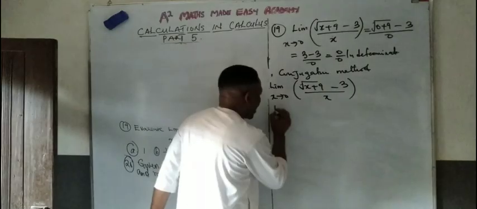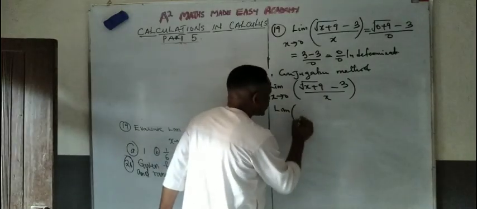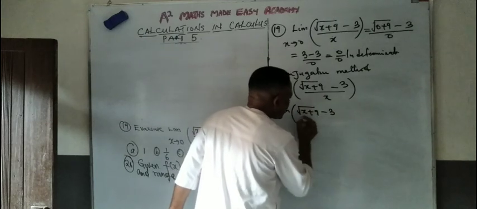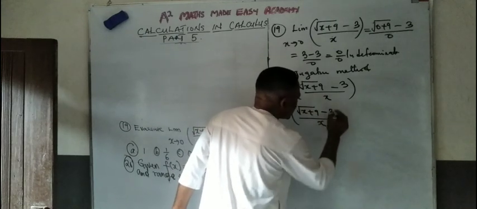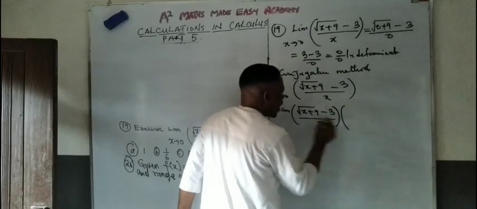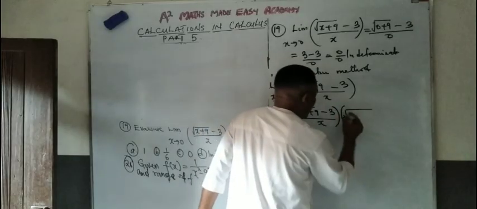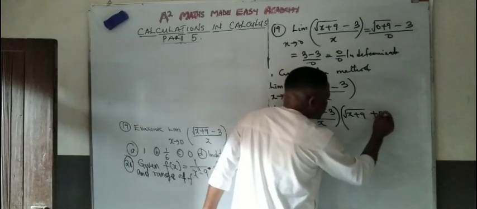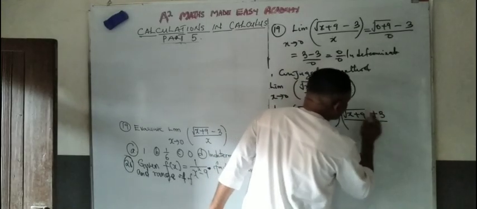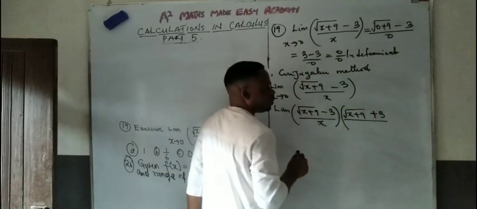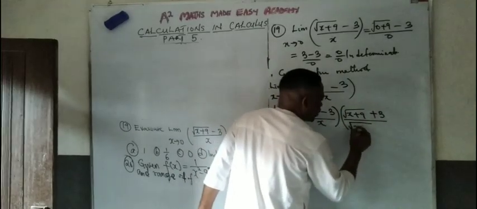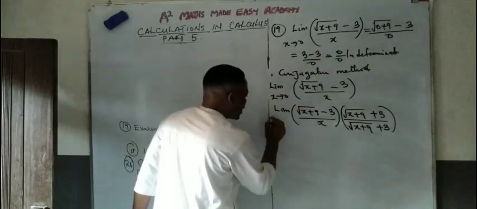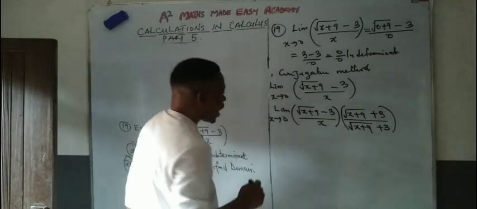So conjugating, we have limit of square root of x plus 9 minus 3 all over x, close the bracket, then over the conjugate, which is square root of x plus 9, from minus it will change to plus 3. Are you with me? Then what you do to the numerator, do it to the denominator, which is still square root of x plus 9, then plus 3. Close the bracket. As x approaches 0. Are you with me now?